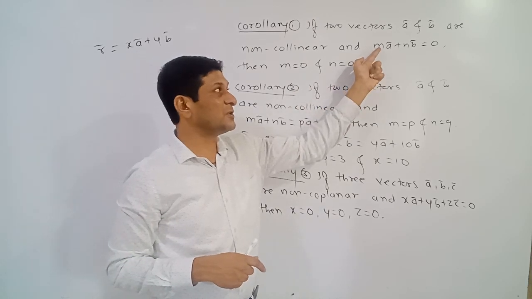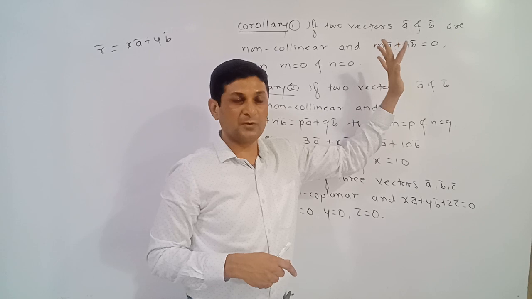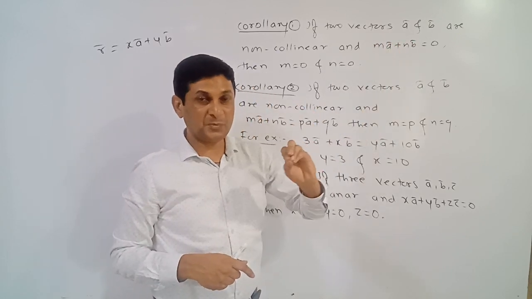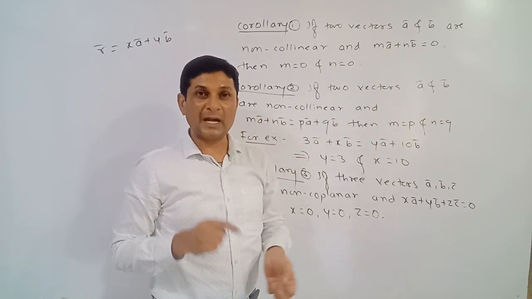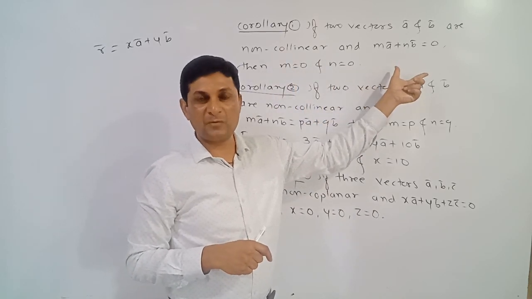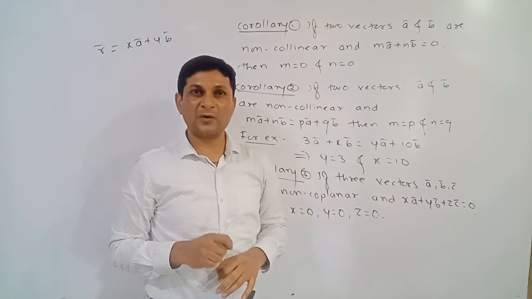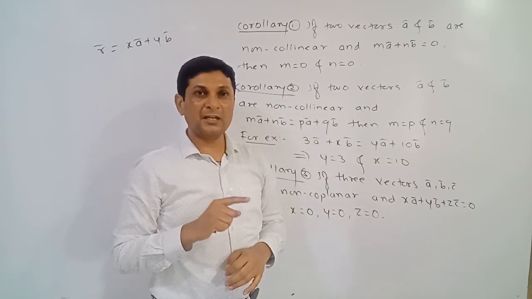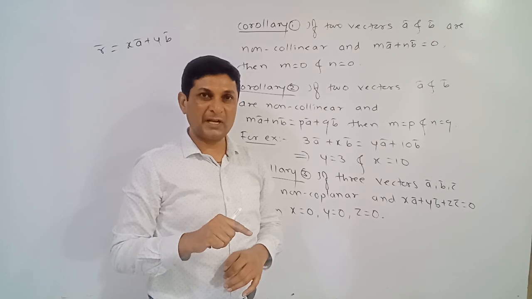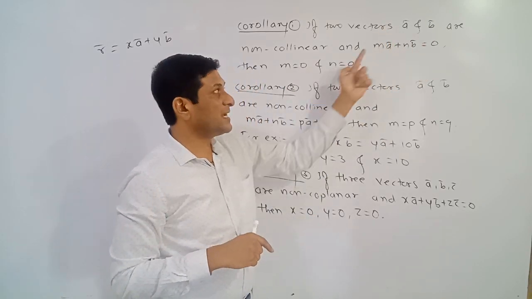If m is 0, then 0 times A bar is 0, and if n is 0, then n times B bar is also 0. But if m and n are non-zero and the vectors are non-collinear, then definitely the value will be a new vector, which in the second theorem we denoted by R bar. So for non-collinear vectors, if the value of this linear combination is 0, it implies that the scalars are 0.